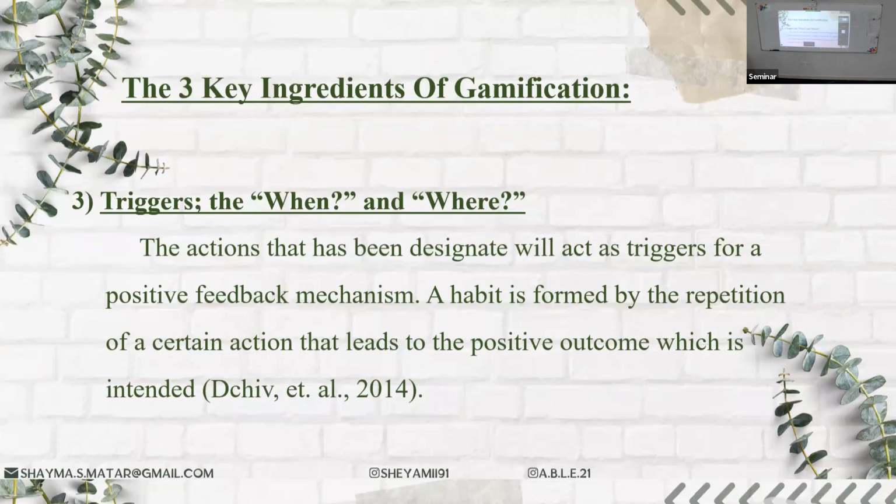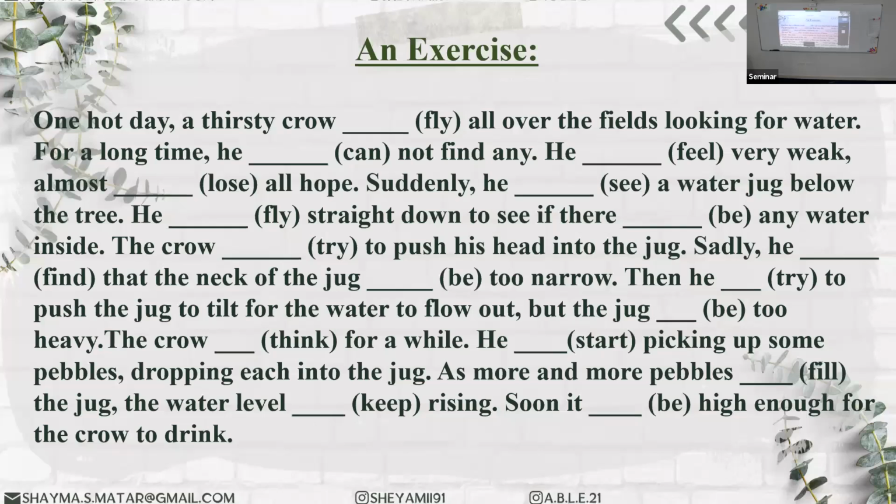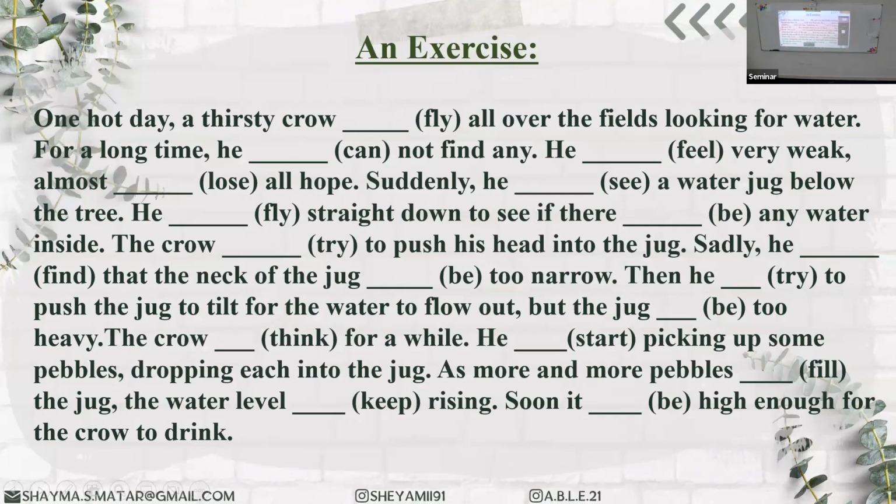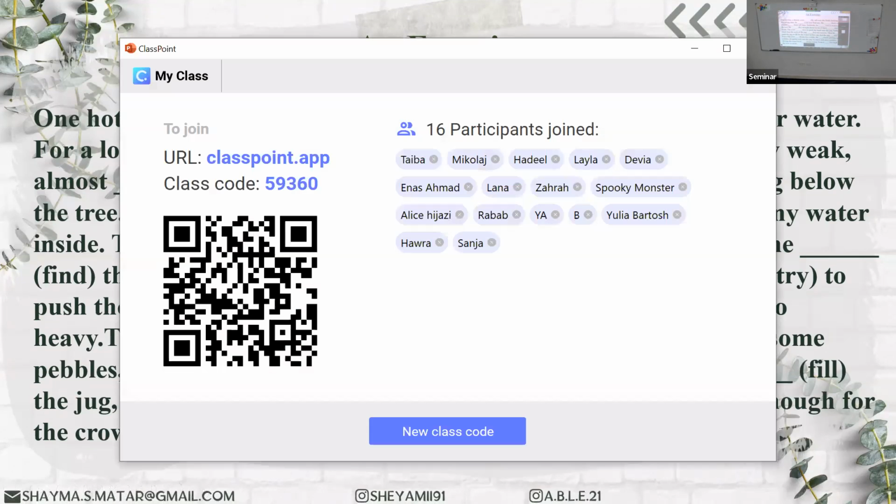This is one of the most important things. Now, what I want you to do is answer this exercise. You can write over the slide and then send it back to me, or you can scan the QR code, do it on your phone, and then send it back to me.